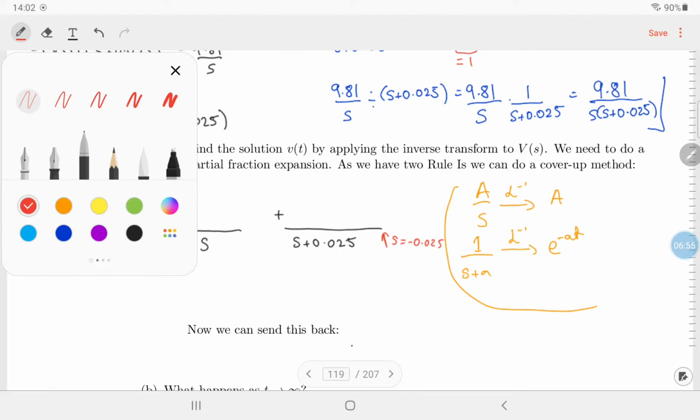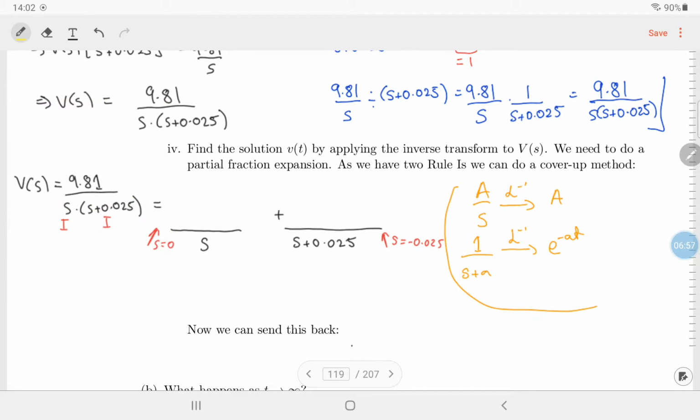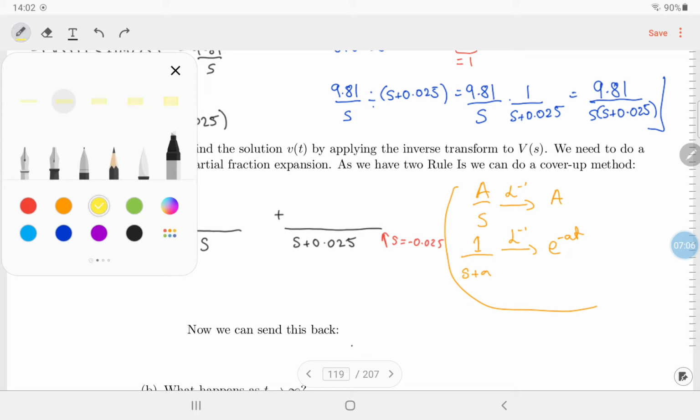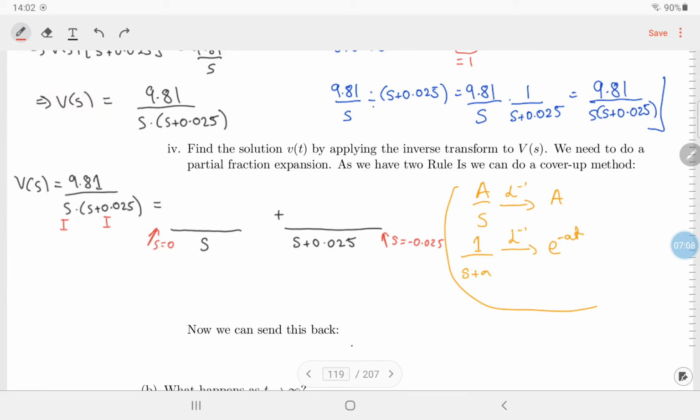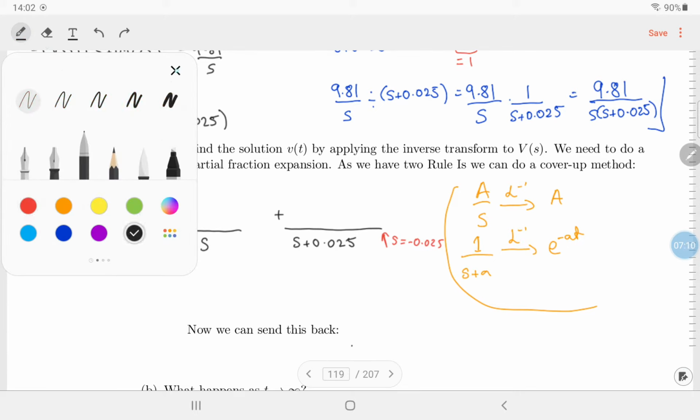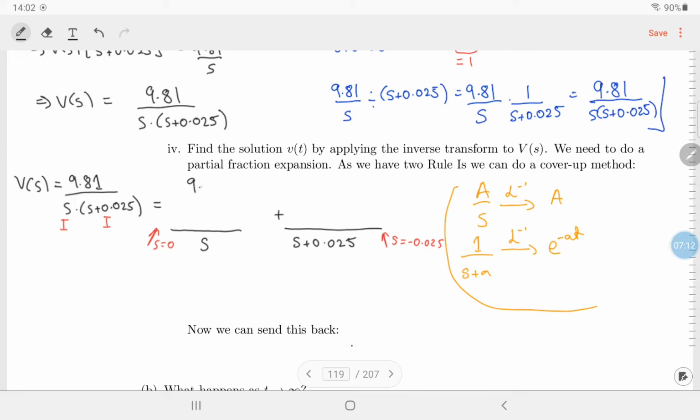Now what we do is we cover up. If you want to find the constant for s, you cover up s and put s equal to 0 into everything that's left. So if you look at what's left there, we have 9.81 divided by, if you cover up the s, you're just left with s plus 0.025.